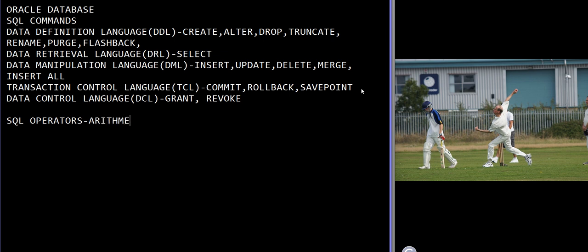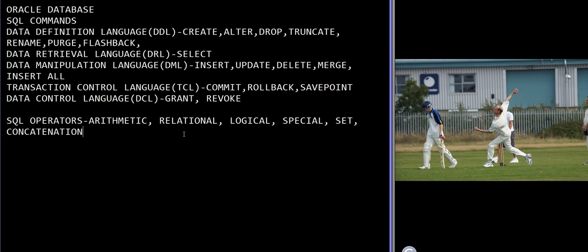We have arithmetic operators, relational operators, logical operators, special operators, set operators. Then we have concatenation operators. These are the operators we have in Oracle.